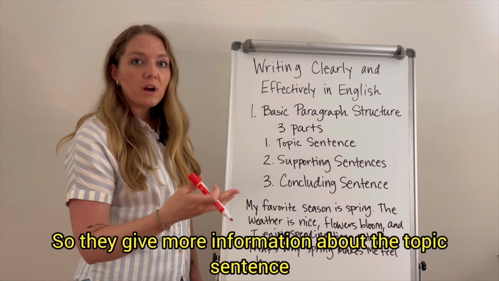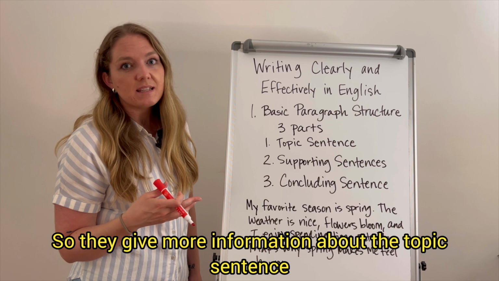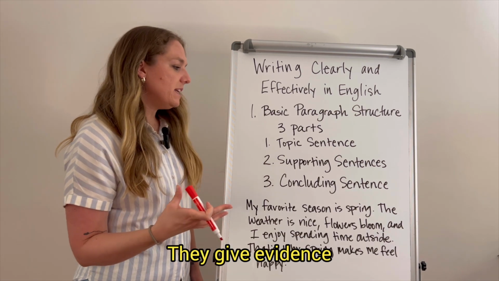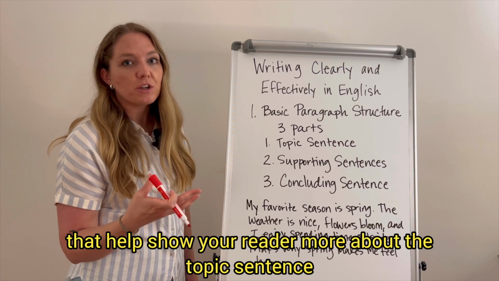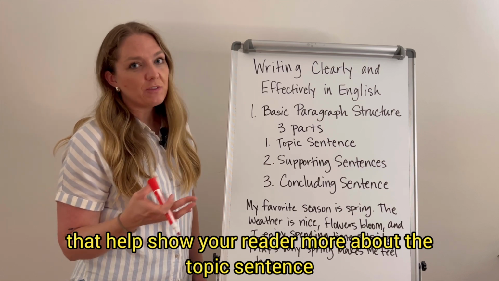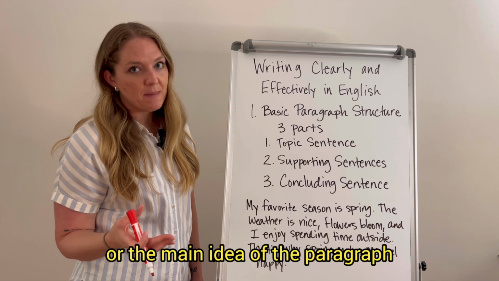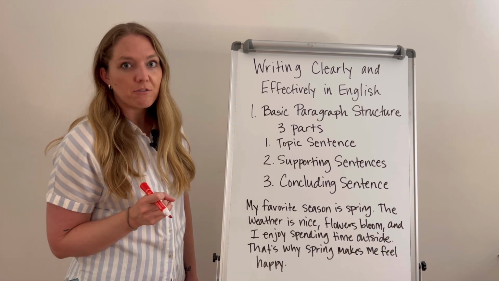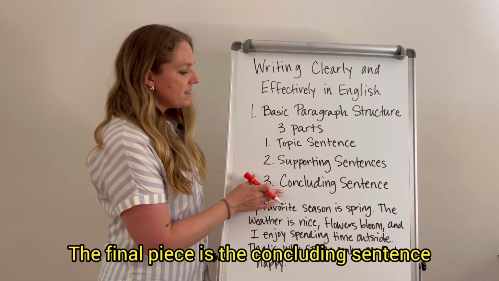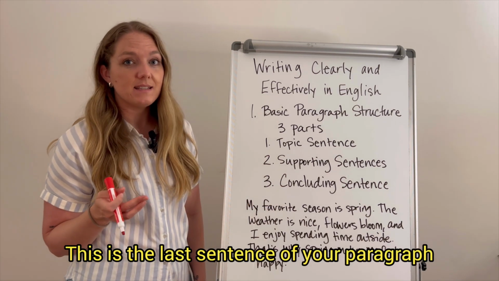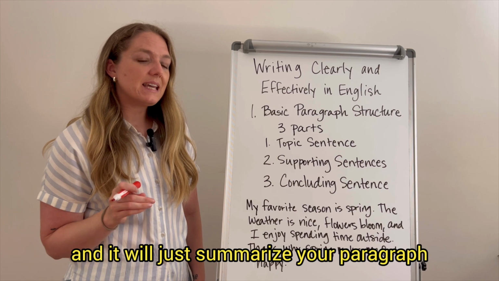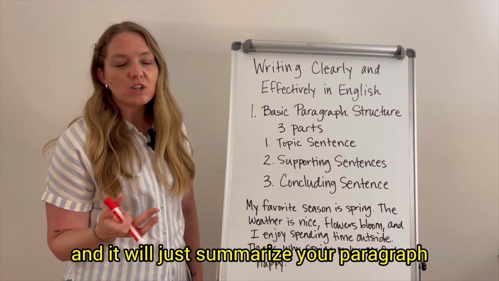So they give more information about the topic sentence, they give evidence or supporting details that help show your reader more about the topic sentence or the main idea of the paragraph. The final piece is the concluding sentence. This is the last sentence of your paragraph, and it will just summarize your paragraph.